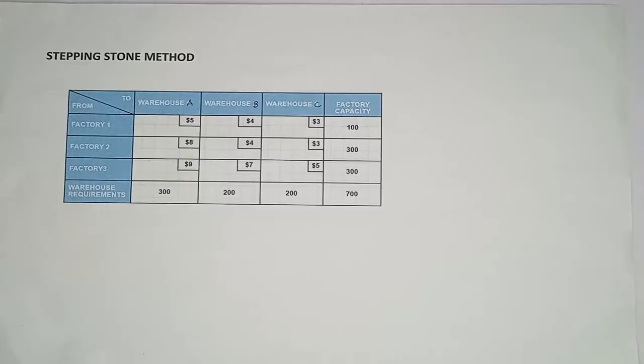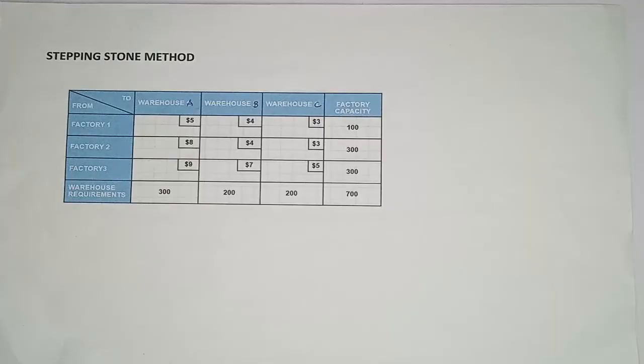There are two distinct parts to this process. One is testing the current solution to determine if improvement is possible, and the other is making changes to the current solution to obtain an improved solution. And the process continues until the optimal solution is reached.